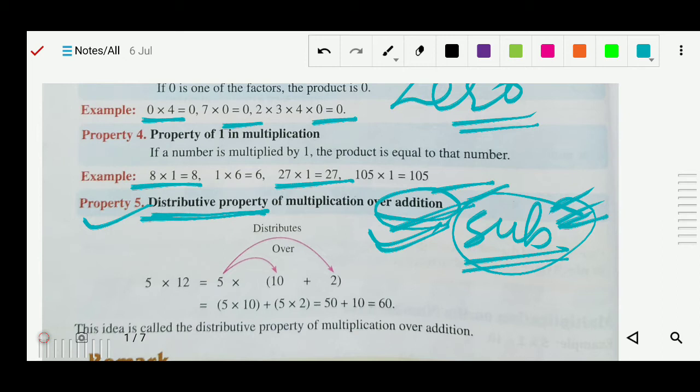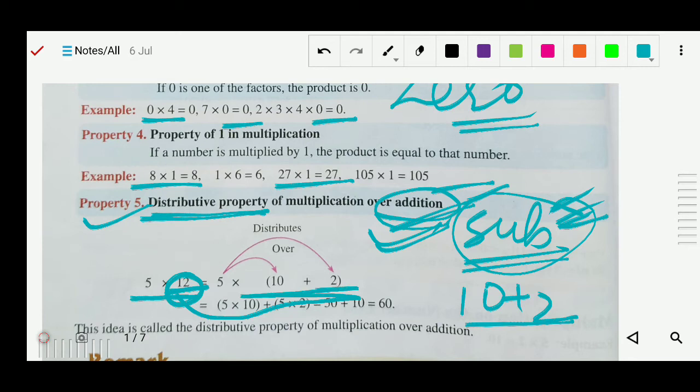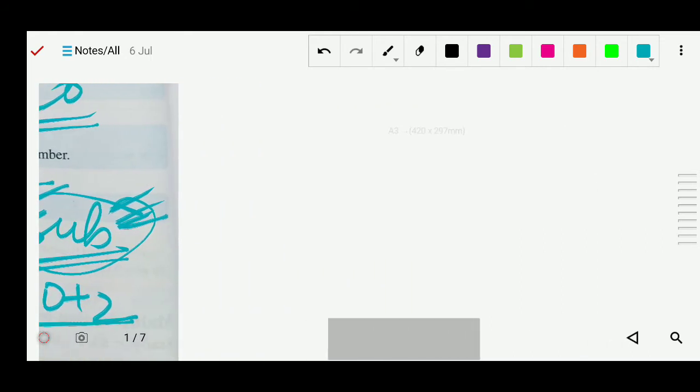So what is this distributive property over addition? See here, 5 into 12. This 12 we can write as 10 plus 2. Here you can see 12 is divided into this form, 12 is 10 plus 2, and then 5 is multiplied by 10 and by 2. When I solve, suppose I have to multiply 5 into 15.